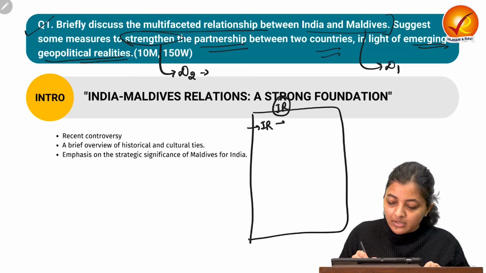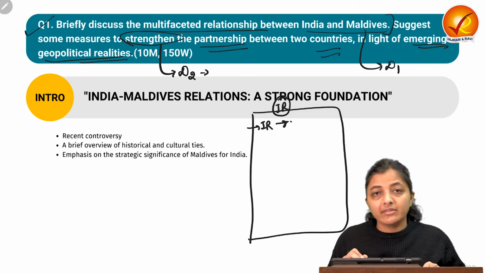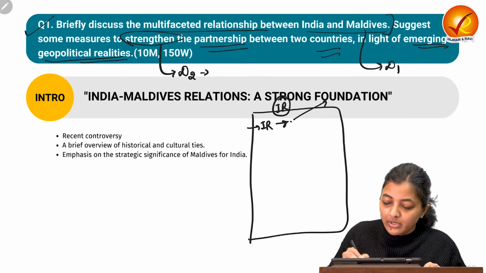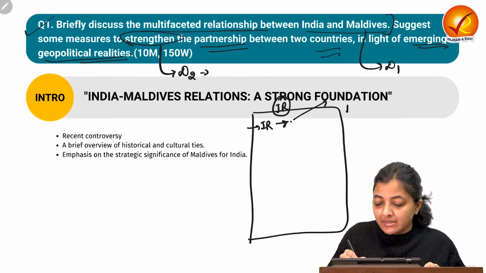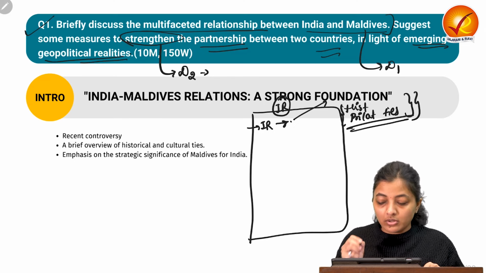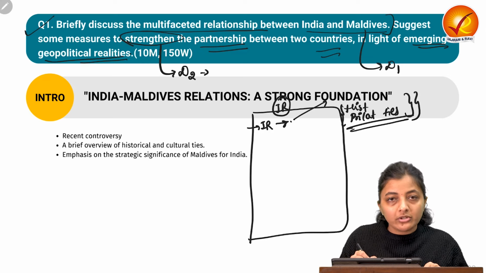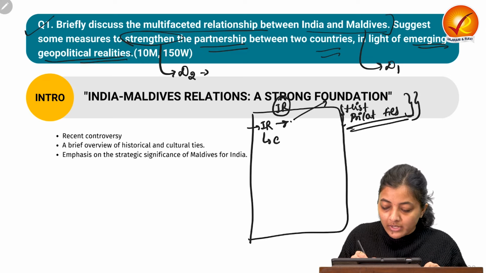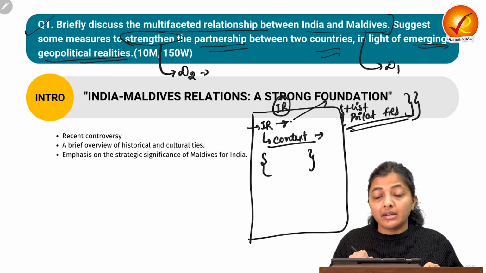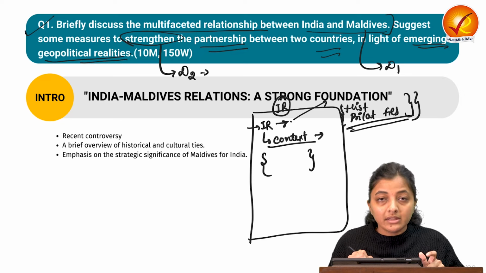In the introduction, you can be ready with some templates, like the bilateral relationship between the countries. You can be ready with templates like the historical background, how the bilateral ties have evolved till now, or you can also write about the context, like if there is any differentiated opinion at a multilateral forum, or if there are any challenges in the bilateral relationship in contemporary times.